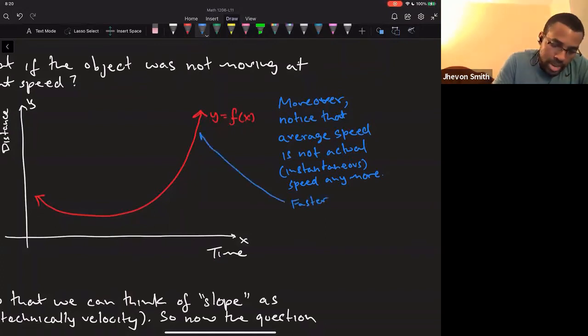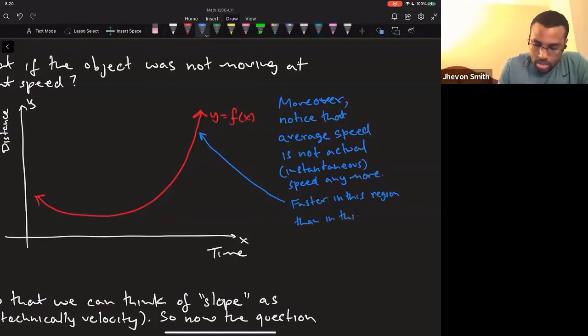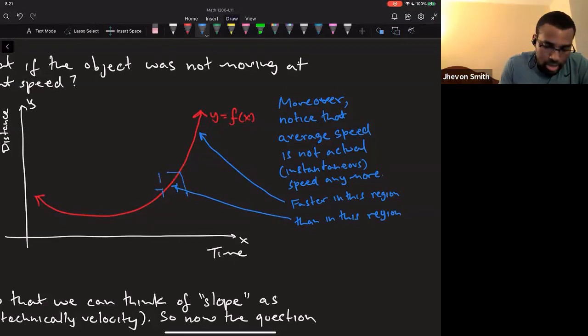The object is moving faster in this region than in this region, just for example. Here, as my x moves a little bit, it covers this level of distance, whereas here, as my x moves there, it covers a larger distance, which means it's moving faster.